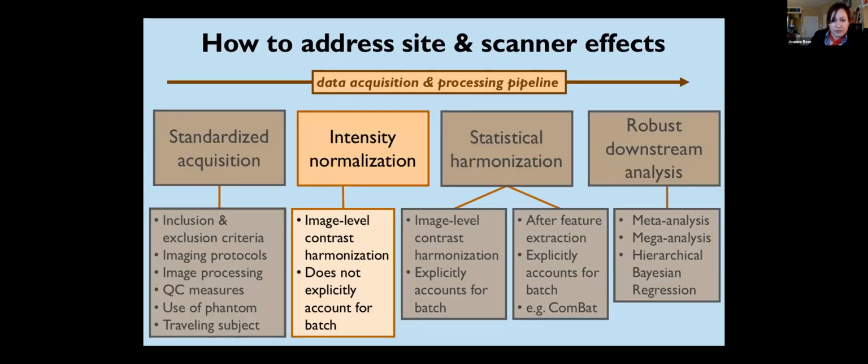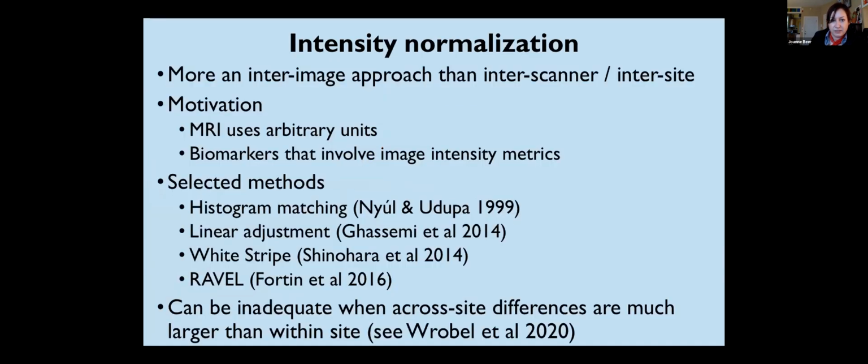Okay, so intensity normalization. I am thinking of it here as more of an inter-image approach than an inter-batch approach. The original motivation for this is that MRI uses arbitrary units, but we still might want to define biomarkers that involve image intensity metrics. So we want some way to standardize these intensities across images.